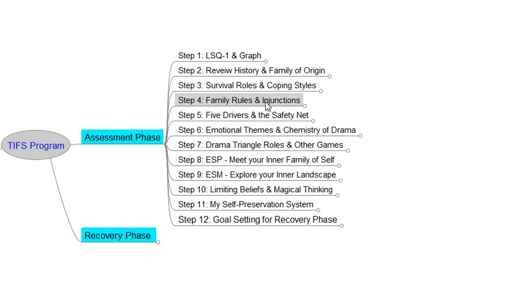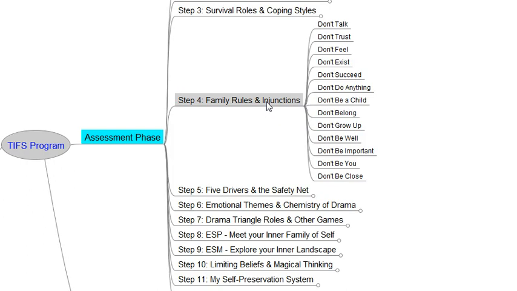In step 4, we'll look at family rules and injunctions that are pretty much unspoken but deeply embedded in the subconscious programming that we get.